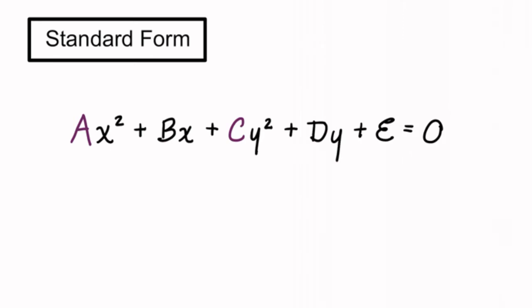We can figure that out from the coefficients of the x squared term and the y squared term. We know that if those two coefficients are exactly the same, and they'd have to also be either both positive or both negative, then we have a circle. And so before we do any work, we can figure out what shape we're actually dealing with if we get a polynomial of this type.